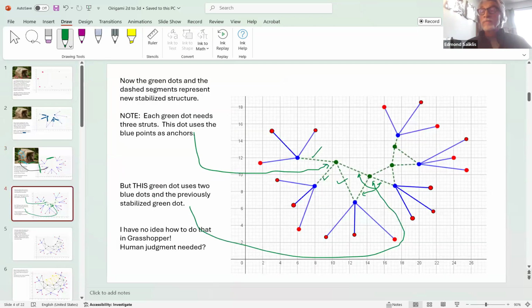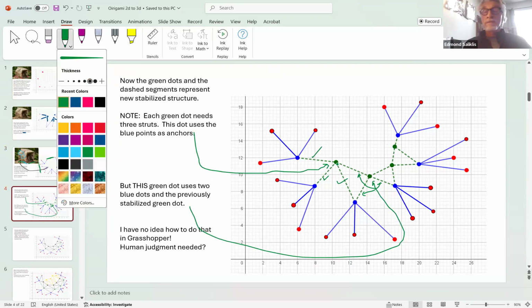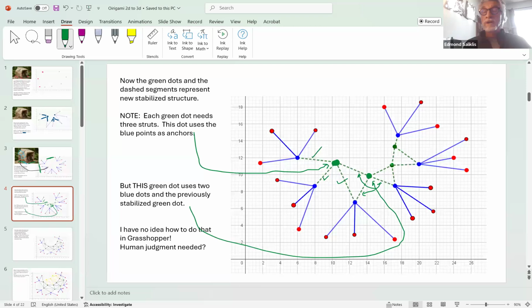All right, now the magic starts to begin. We start putting the green dots down. If you're colorblind or color sensitive, just do something else. Use some kind of code. The green dots are meant to go inward and upward on our shell.